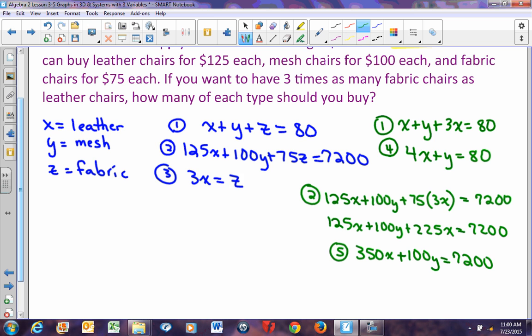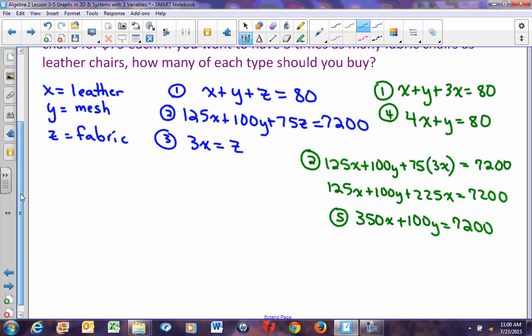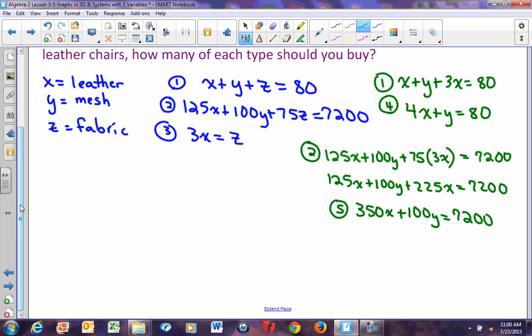Now I can take equation number 4 and equation number 5, and you either eliminate x or eliminate y. Equation 4 is 4x plus y equals 80. Equation 5 is 350x plus 100y equals 7,200. So it seems wise to me to take equation 4 and multiply by a negative 100.